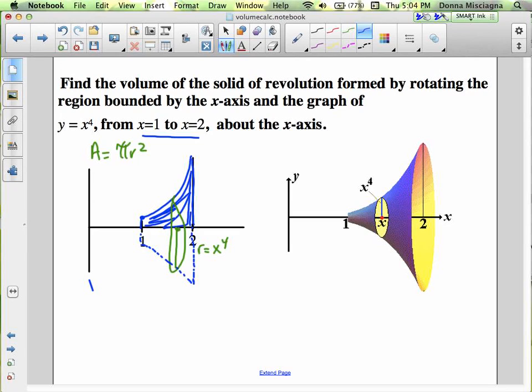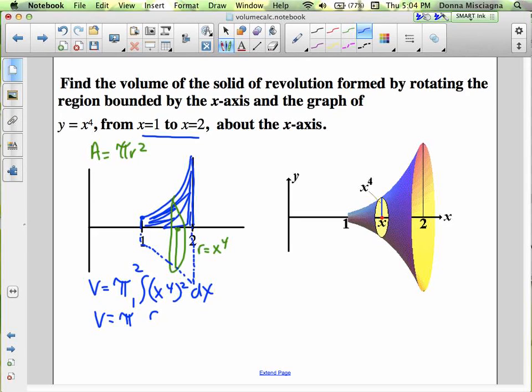So our volume, we just integrate the area, is equal to pi times the integral from 1 to 2. It's the x values because we're integrating with respect to x. And that's x to the 4th squared dx. So we'll take care of the squaring. You always do that first, and then you can integrate, and then you can evaluate.